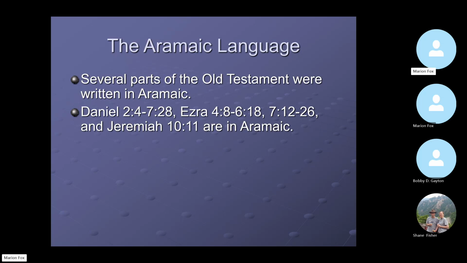Marion? Yes. I agree with you about the possibility for Daniel. Do you think the same purpose applies for Ezra? You know, why it was written in Aramaic? Well, probably. Again, it was to communicate with the people around them. Possibly they wanted it in that form.